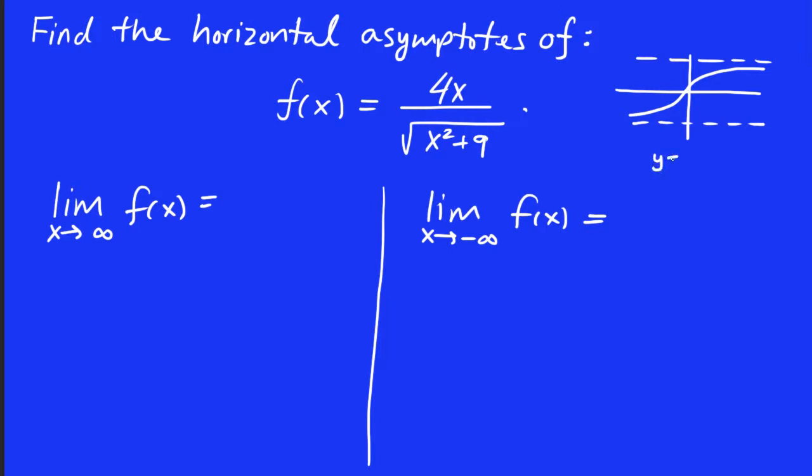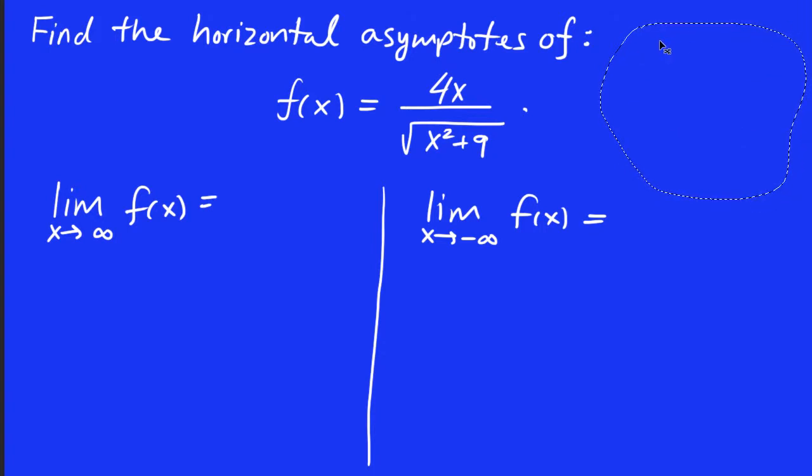If this is arctan, notice this is pi over 2 up here and minus pi over 2 down here. For arctan, y equals pi over 2 is an asymptote at plus infinity, but y equals minus pi over 2 is an asymptote at minus infinity. So just keep the distinction between those two different kinds of horizontal asymptotes in mind.